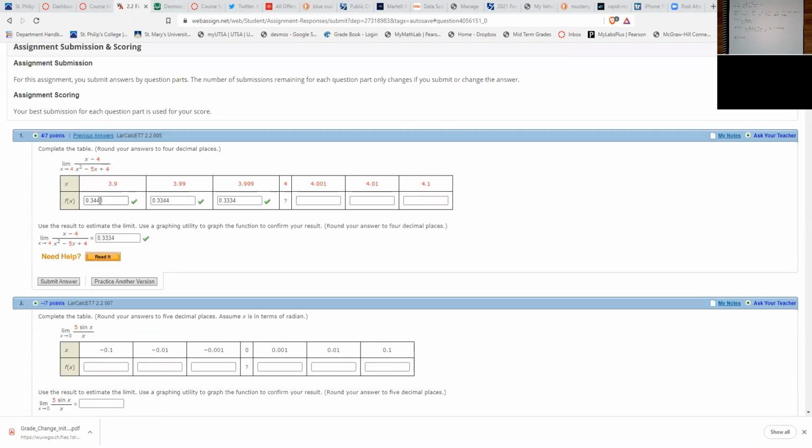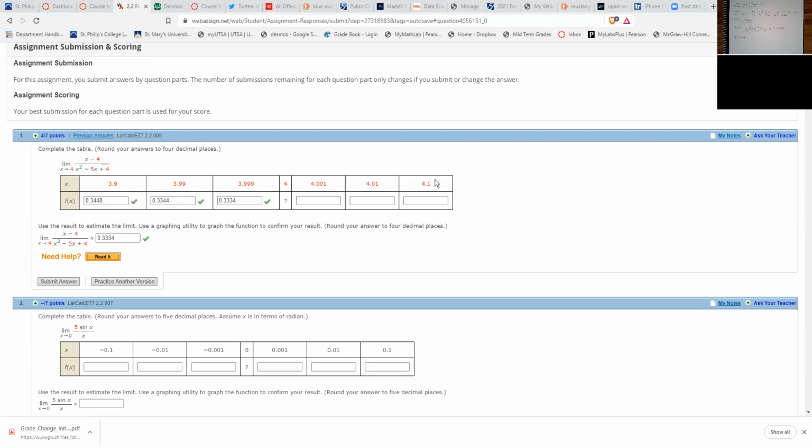Any questions on number 1? Does the concept make sense as to why the limit is 0.3334? Remember, the limit only exists if it's the same thing on both sides.